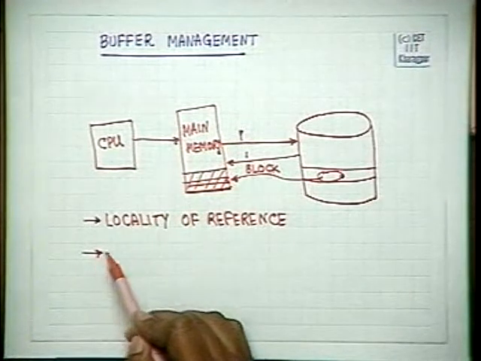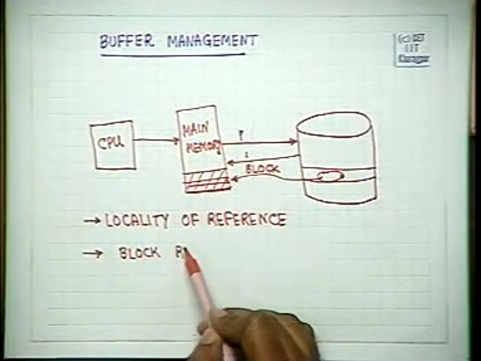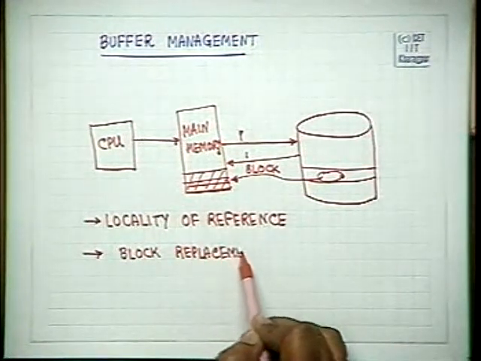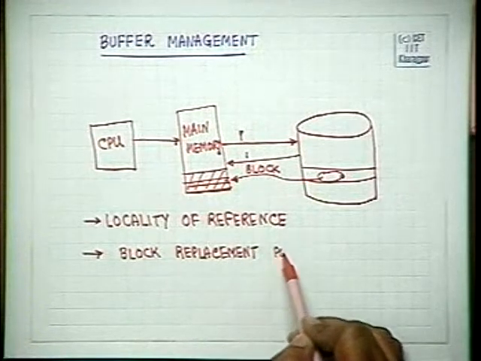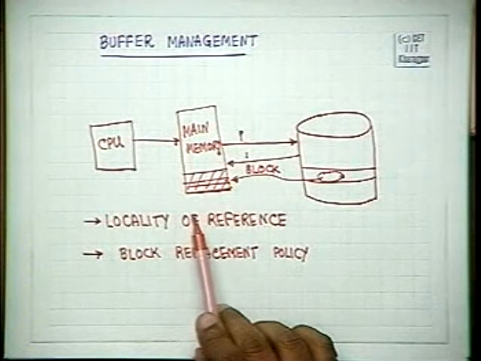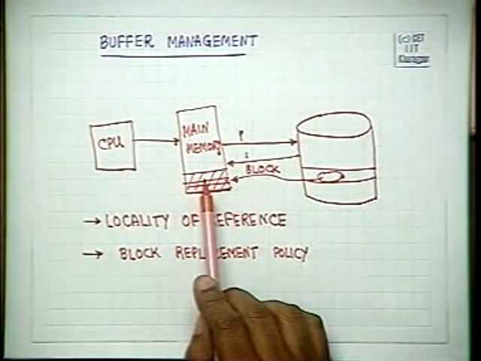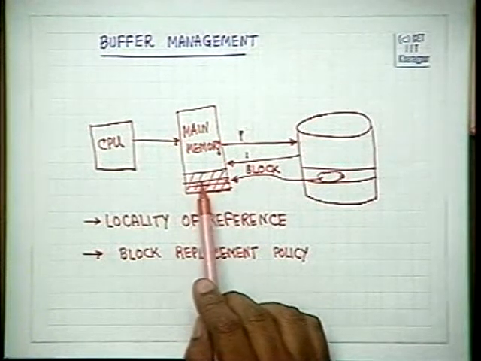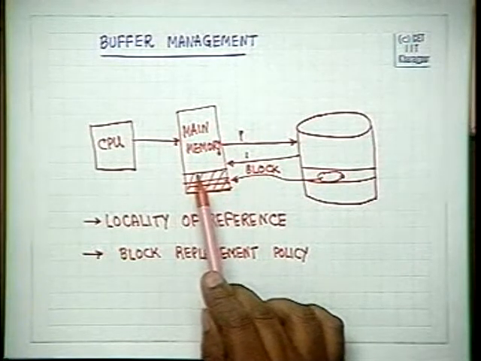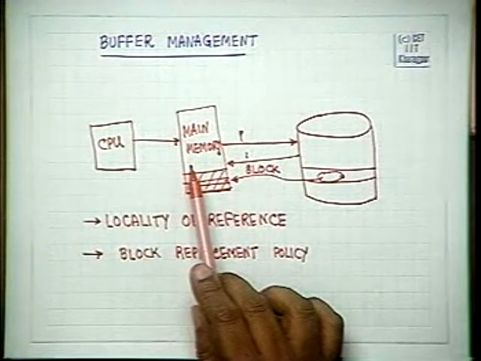So, we will have to have a block replacement policy, and here this buffer management is very crucial for the total time, because if it is already available in the main memory, you can access it directly, but if it is not available in the main memory, you have to bring the block from the secondary storage, and since space is limited, you may have to overwrite on some block which has already been brought.